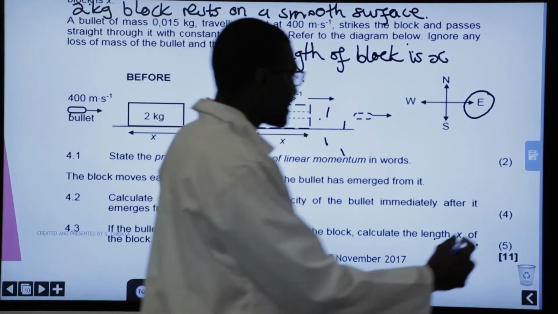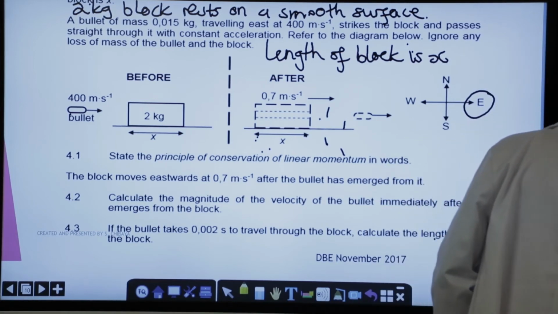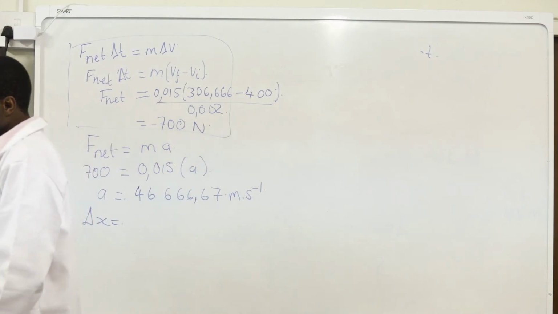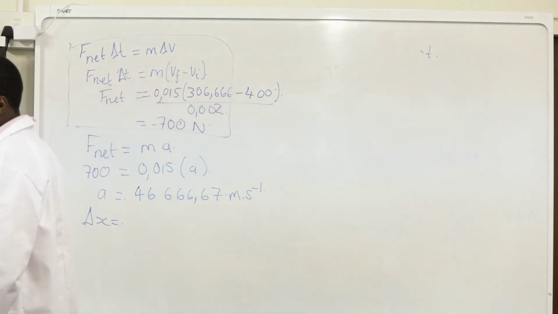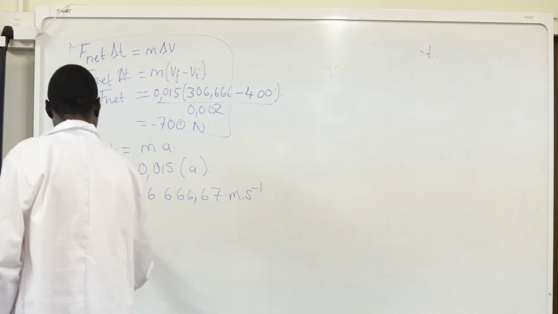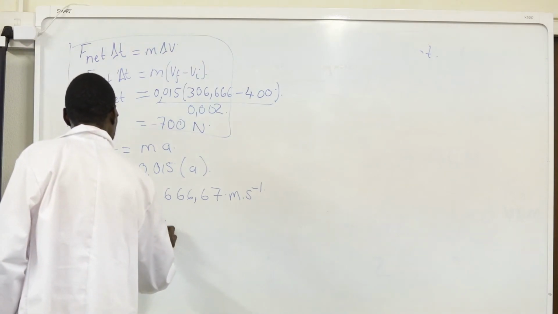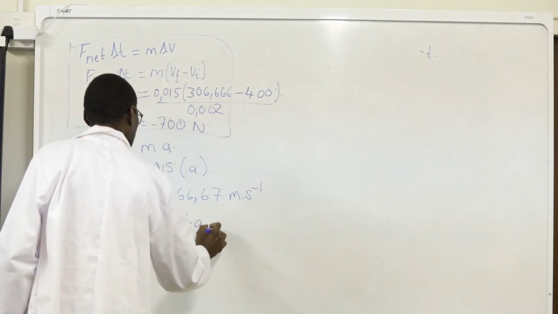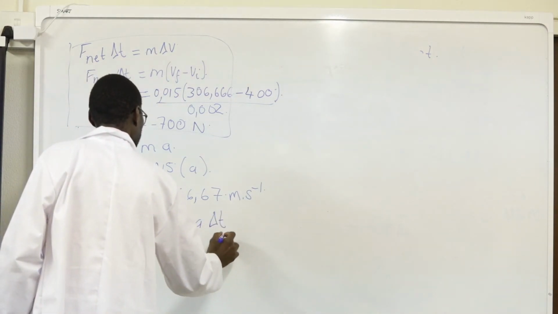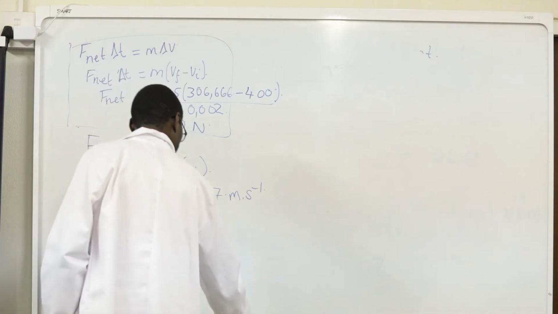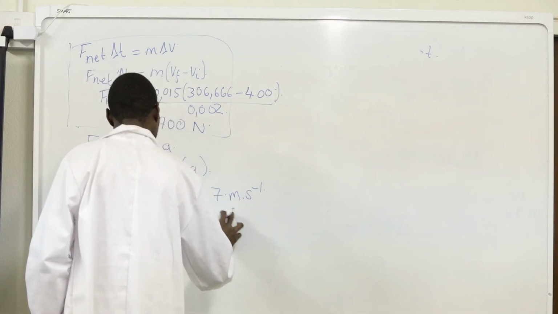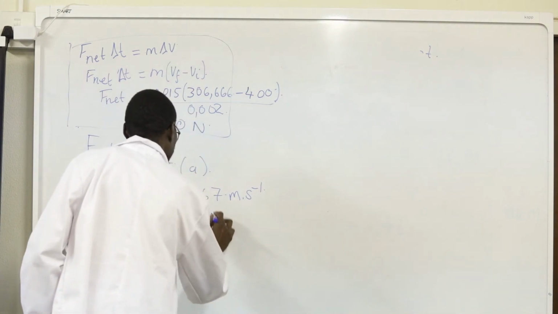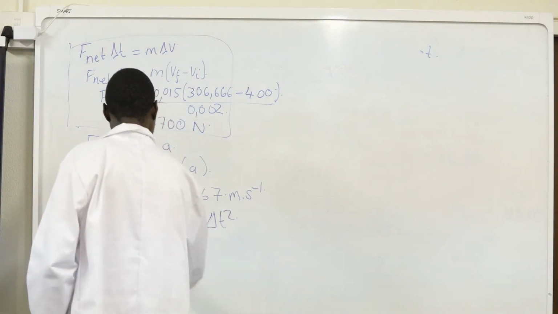You can use delta x is equal to, according to your equations of motion, v initial multiplied by change in t plus half of acceleration multiplied by change in t squared, okay?